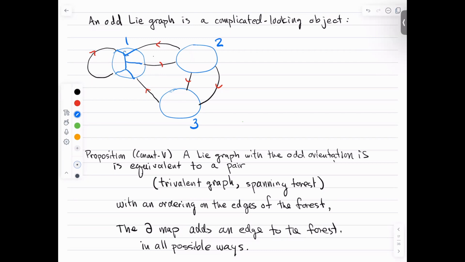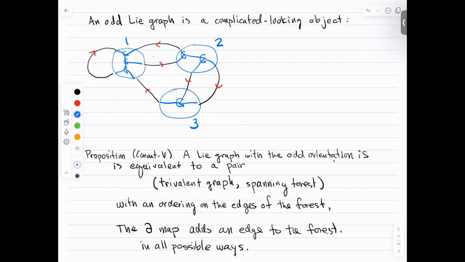So these are planar, so I've got little orientations around all these guys, so that they stay in the plane, don't jump out of it. Okay, so that's a picture of a Lie graph.